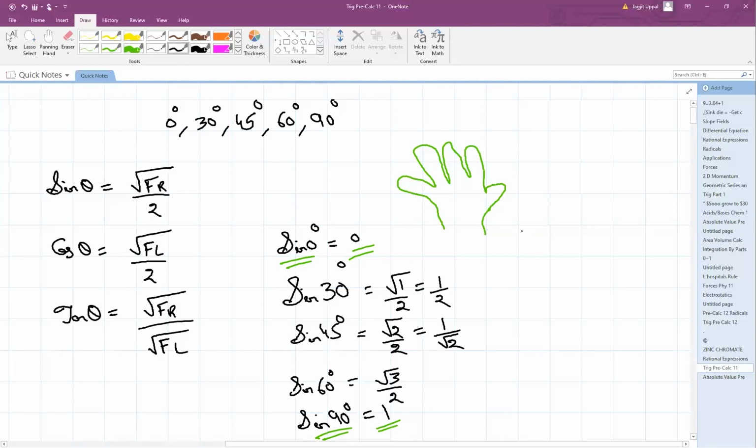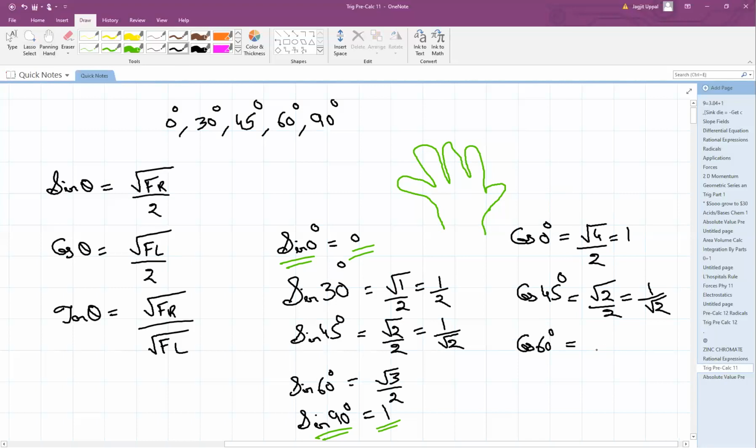Now we're going to do the same for cos. Let's do cos 0. Cos is square root of fingers on the left. How many fingers are on the left? 4. So square root of 4 over 2, which is 1. What about cos 45? Square root 2 over 2. Excellent. And what about cos 60?